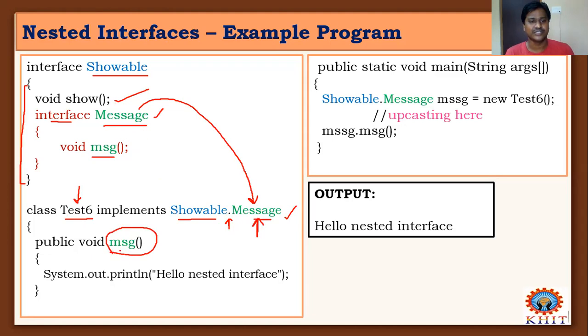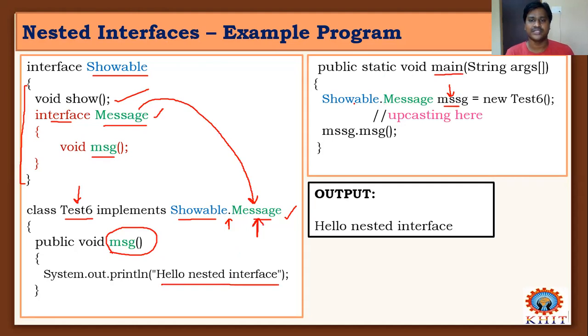So this message method in the Message interface is simply displaying the statement, hello nested interface. Coming to the main method of this Test6 class, I'm creating one reference variable, mssg. How can you refer to this one?